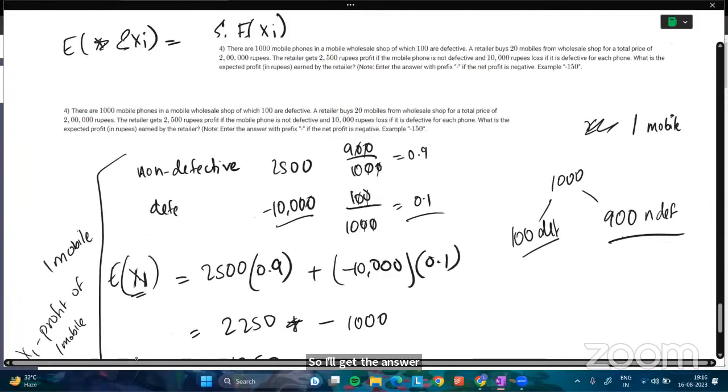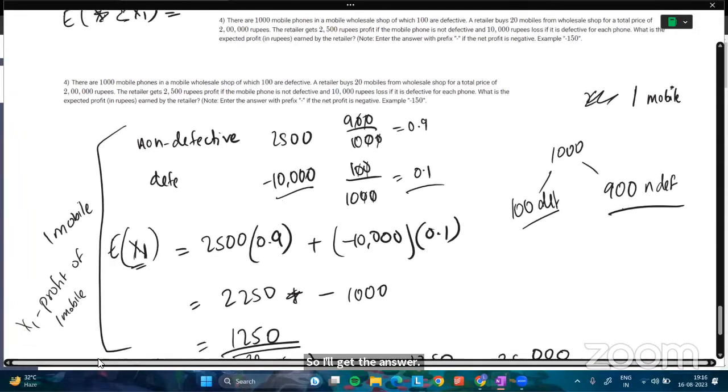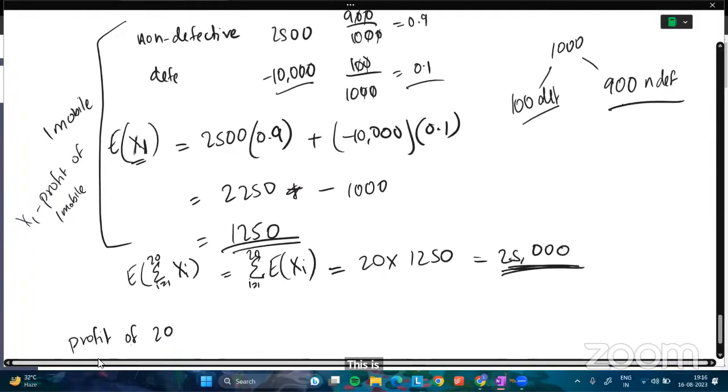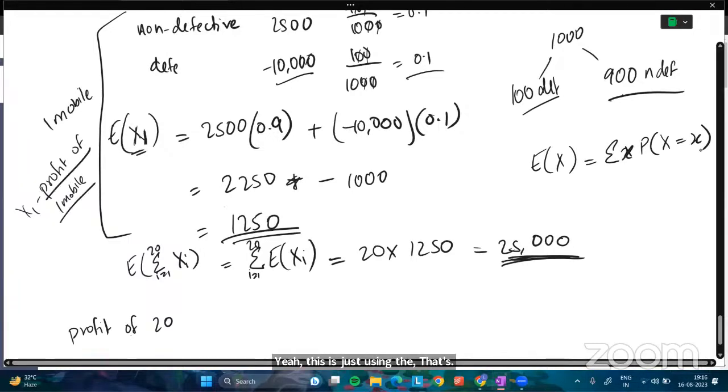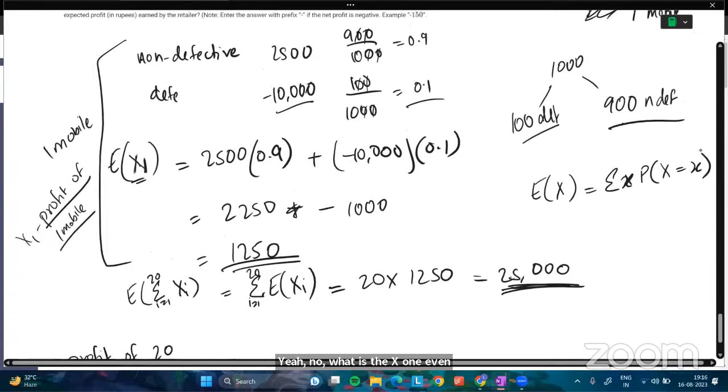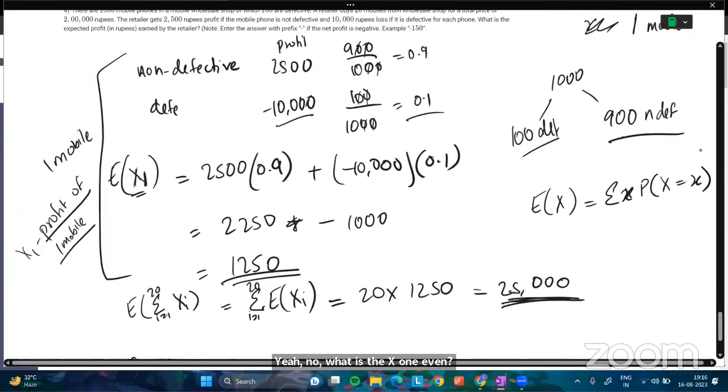Ma'am, based on this one, if you can explain EX1. Yeah, this is just using the formula. Expected value of x is equal to summation x into p of x. What is the x1 even? Yeah, x1 is profit of one mobile. So this is the profit and this is the probability.